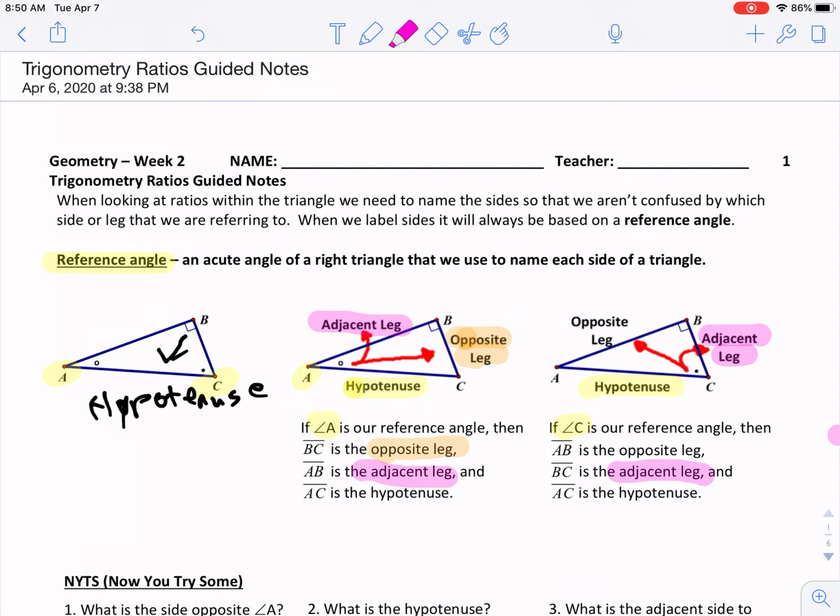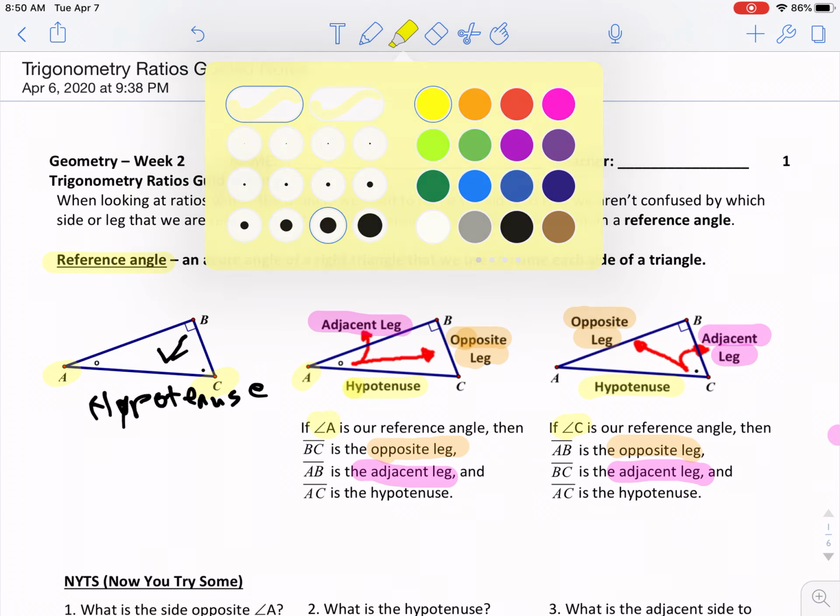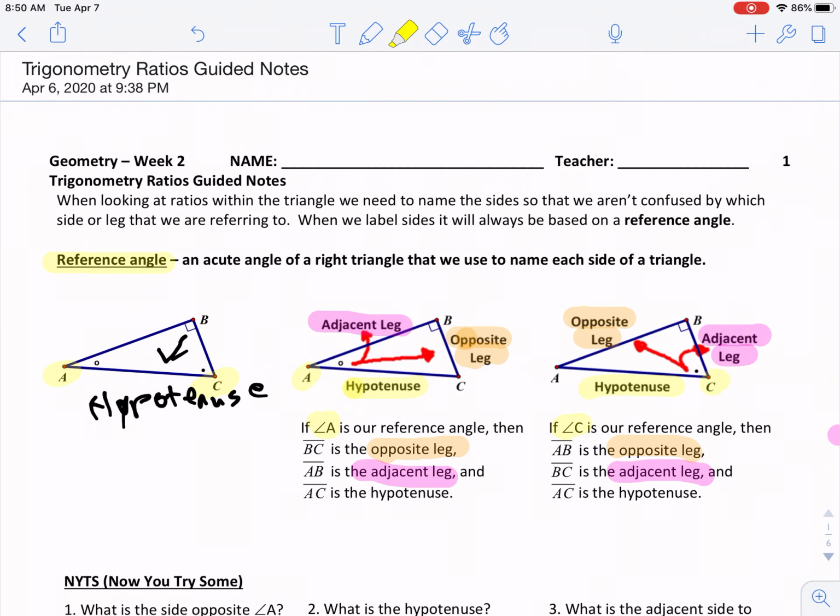Our hypotenuse was still the same, but now our opposite leg switched with the adjacent leg because now A to B on this far side is opposite C. That's why our reference angle is important, because it can change which side's opposite and which side's adjacent. Notice the hypotenuse doesn't change.